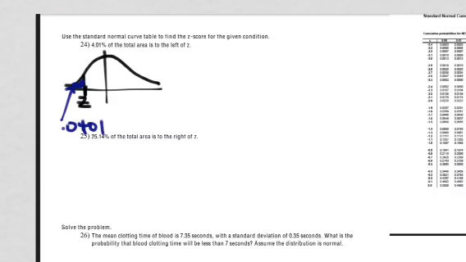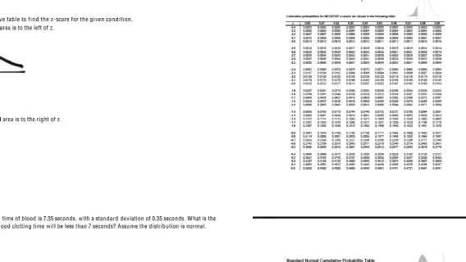So rather than going to the outside of the table and finding the probability on the inside, we're doing the exact opposite. We have to go to the inside of the table because the inside of the table is where the probabilities live, and now you're looking for the value on the outside of the table that corresponds to an inside value, an area or a probability value of 0.0401.